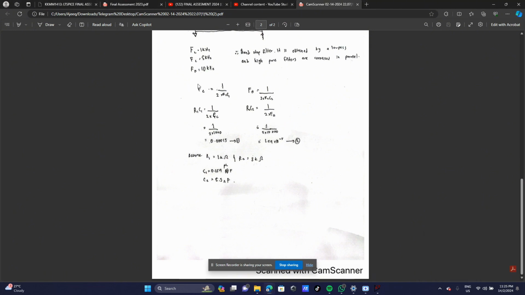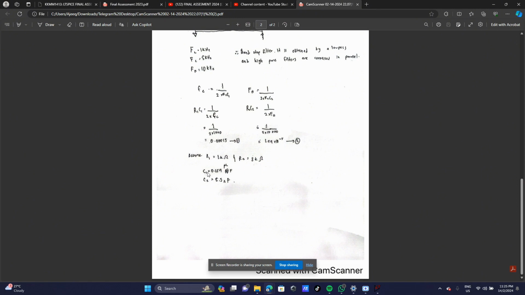We calculate the frequency with the resistor and capacitor formula over here, and then we just substitute all of it, and we can obtain 0.00015 for R1C1, and then 1.59 times 10 to the power of negative 5 for R2C2. And then we're going to assume that R1 is 1 kilo ohm and R2 is 8 kilo ohm.